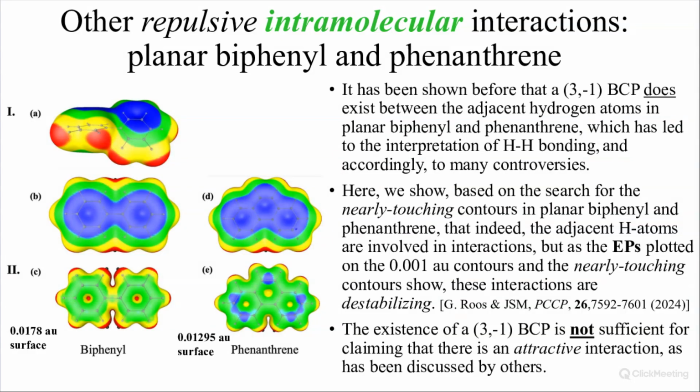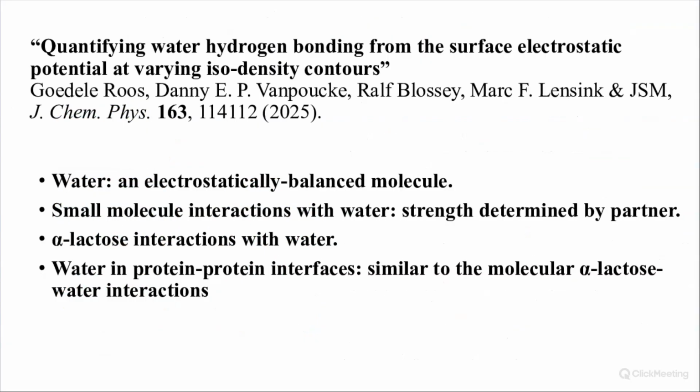And we can see the driving forces, the hydrogens are positive, and one of our conclusions is that the existence of a 3-1 bond critical point is not sufficient for there to be an attractive interaction. It can also be repulsive, as with the diethyl disulfides.